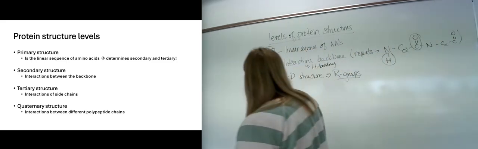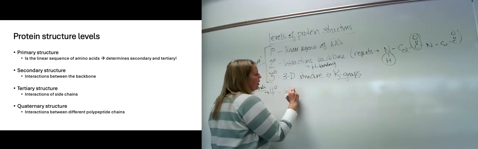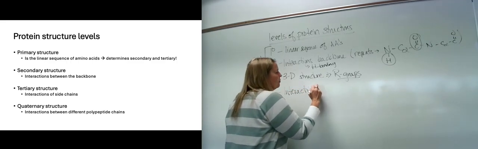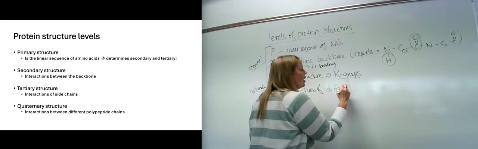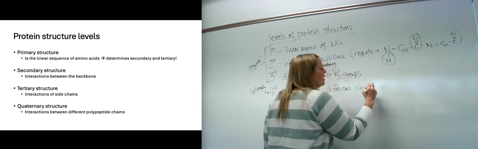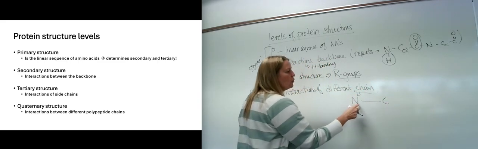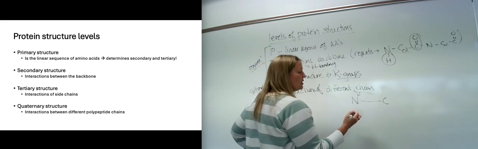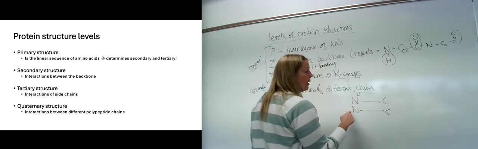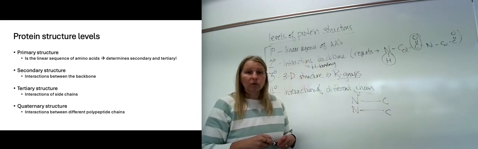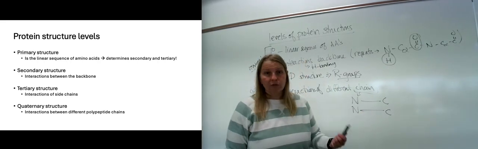Finally, the quaternary structure are interactions of different polypeptide chains. So again, a polypeptide chain is basically a protein that has both an N-terminus and a C-terminus. Let's say, for example, we're going to talk about hemoglobin. Hemoglobin has 4 different polypeptide chains, and all 4 of those come together to make the overall structure that's required for the function of hemoglobin.